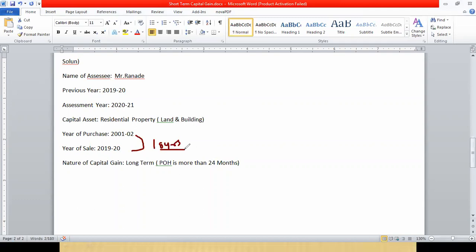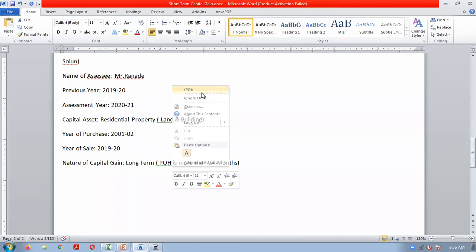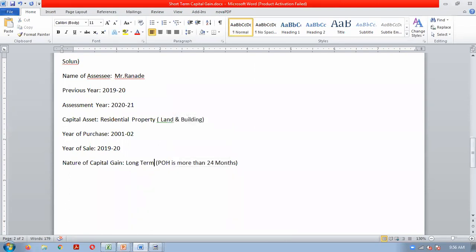So now we have done the basic understanding. Now, if it is a long-term capital gain, we will know that indexation benefit will be available to the SSC. Okay.